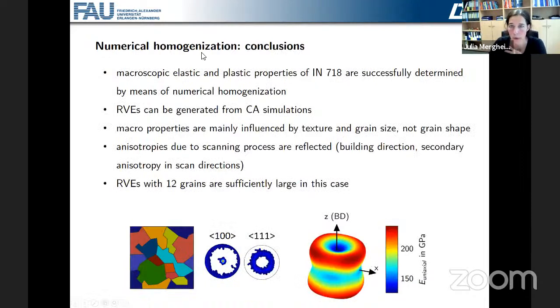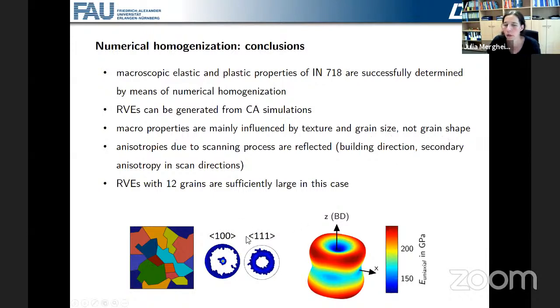So that brings me to the conclusions of the homogenization part. So we successfully identified the macroscopic elastic and plastic properties of Inconel 718 by means of numerical homogenization. The RVEs can be generated from the CA simulations. However, the macro properties, that is our experience, are mainly influenced by the texture and the grain size and not really the grain shape.